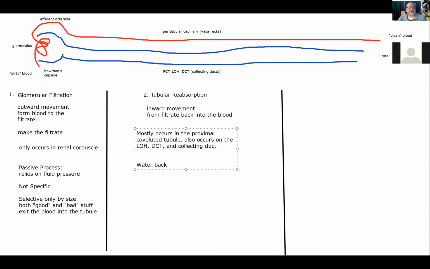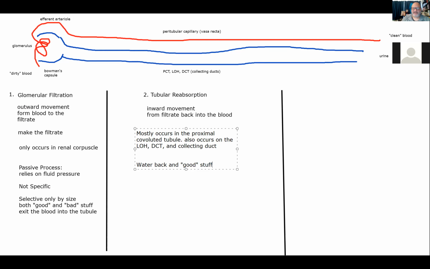And what else? Glucose? Yeah, all that good stuff. Salt? Exactly. All the quote unquote good stuff we were talking about. Things like glucose, things like amino acids, things like sodium, all the quote unquote good stuff that we want to bring back.